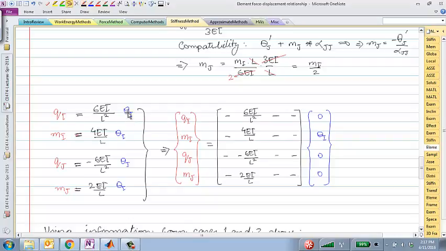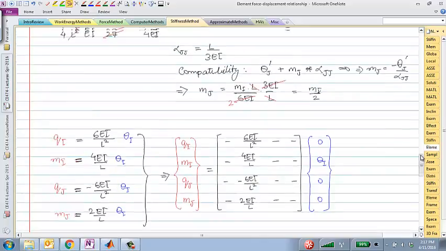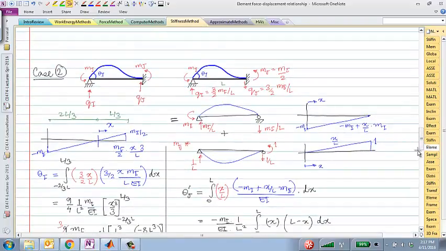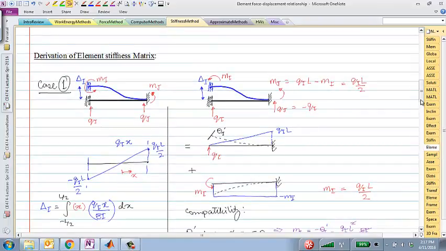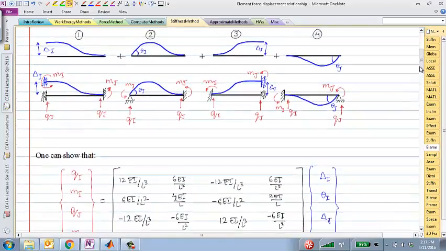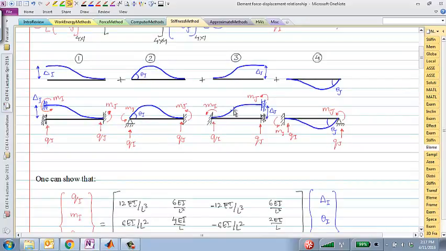So just being able to express these four relationships in the form of a matrix will help us out very shortly, as you will see, because now that we have case 2 done, we have case 1 also done. So you should be able to see, first of all, that case 3 is just a mirror image of case 1, right? And case 4 is a mirror image and a flipping of the signs than case 2.